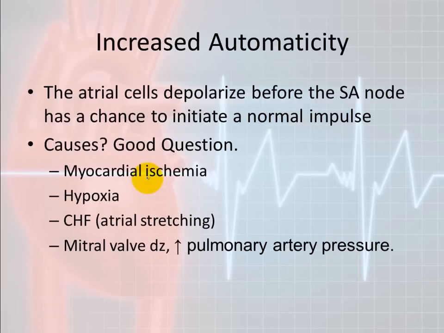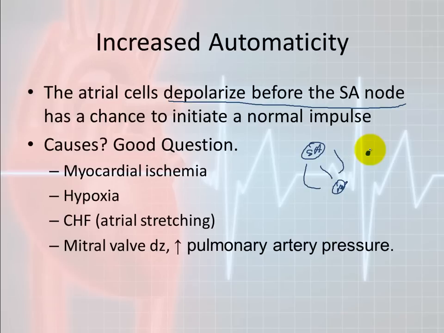In increased automaticity, what happens is the atrial cells tend to depolarize before the SA node has a chance. If you have the SA node up here, and then you have your internodal pathways, and then your AV node, and up here your atria, there's an area over here that might have the ability to depolarize before the SA node.